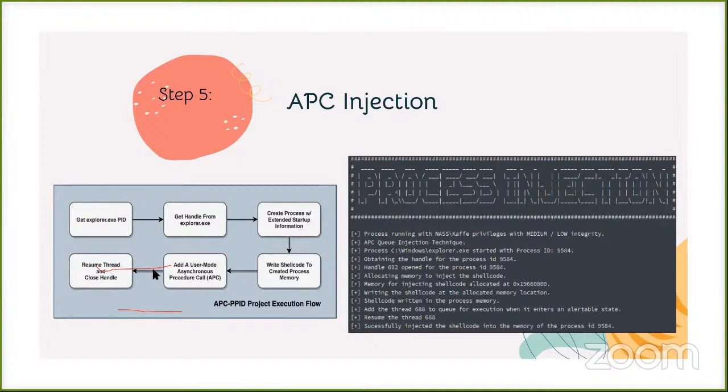Then we resume and close the thread. After resuming the thread, we will have successfully injected the shellcode into the memory of our process, Explorer, with process ID 9584. I hope this is clear how APC injection occurs.